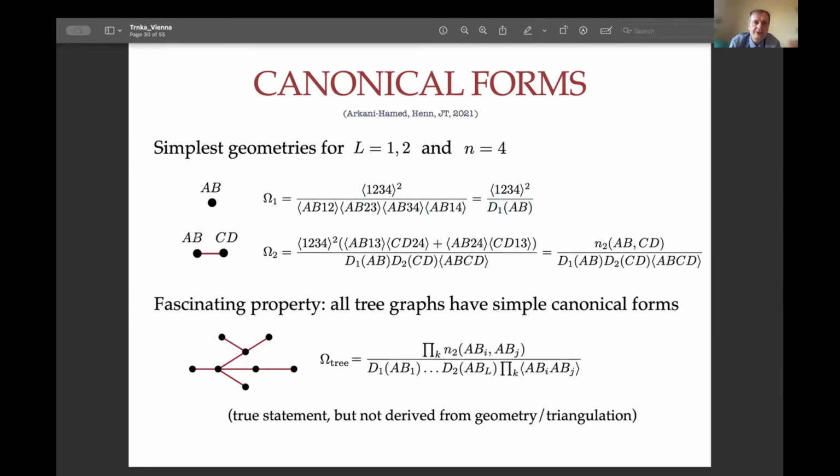And using that, we can also very simply write the integrand for the two-loop negative geometry. There is only one. There are two dots, so we can only connect them on a single link. And even in that case, the form is very simple, but already has some non-trivial numerator, which depends on both of the loops A, B, and C, D, which we will denote as N2.